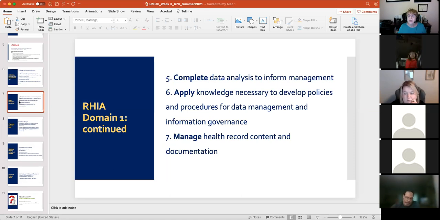Information governance in the banking industry, information governance in the tech industry is not the same as information governance in healthcare. And reason number one is we have more laws, rules, and regulations than almost any other industry.